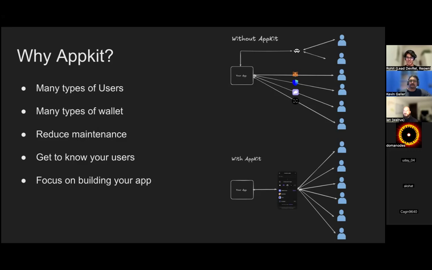So you could just go there, import the packages, set it up, and get started in less than 20 minutes. And why exactly AppKit? Right now, the problem is there are many users, and your users are coming from different directions, and they need to go to different places for different purposes.